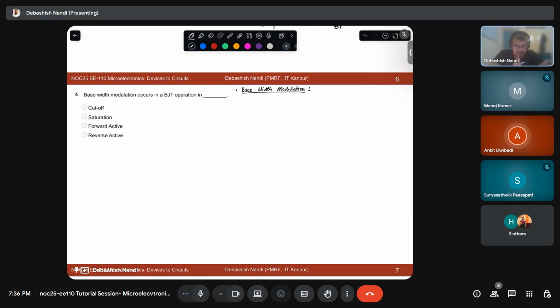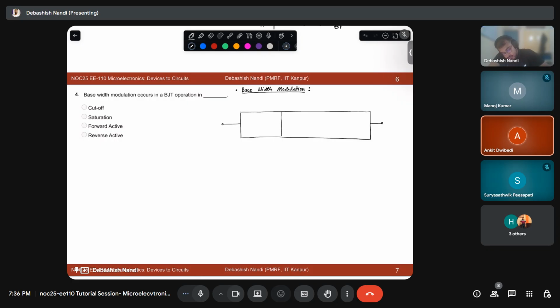Let us not go to the remedy; let us stick to the effect itself. So due to the enlargement of that reverse depletion width, the effective base width reduces.